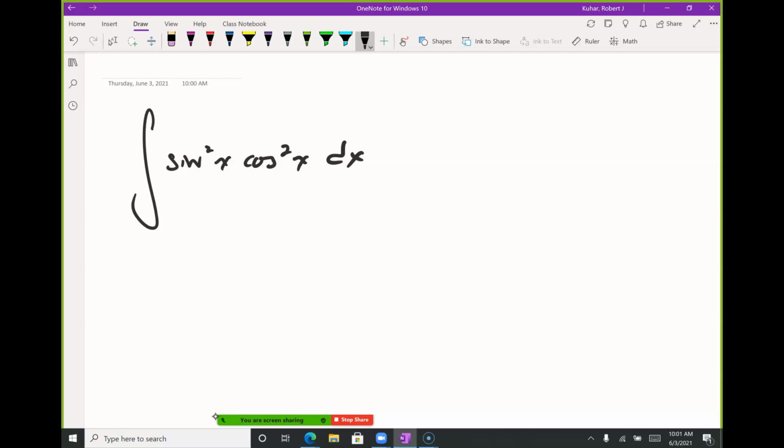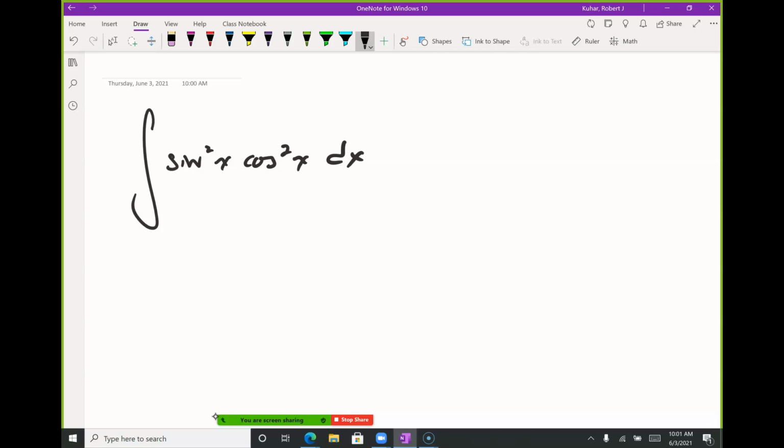So that's one way to try it: change both into a power reduction and distribute, and then see if you can do the integral. But for me, I gravitate to turning everything into sines or everything into cosines. I don't particularly have a preference, but both methods will work here.